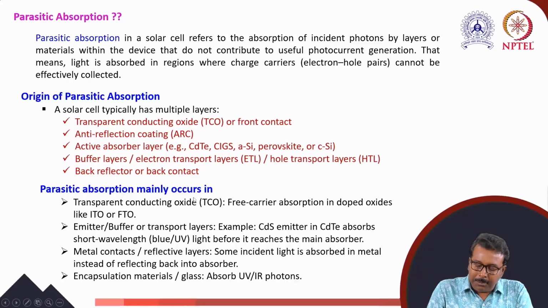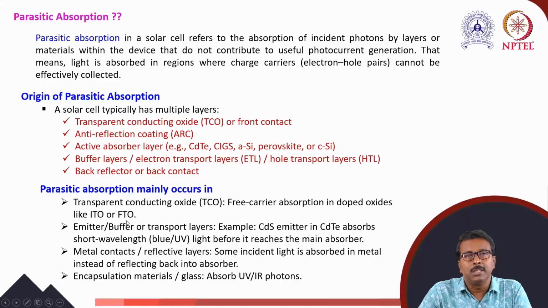Now, parasitic absorption mainly occurs in the transparent conducting oxide, which is generally placed at the front side. There is free carrier absorption in doped oxides like ITO or FTO, which are used as transparent conducting oxides. These layers are transparent to the incident light but electrically conductive.